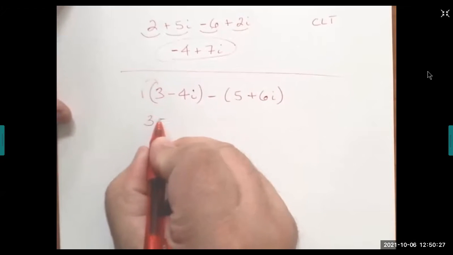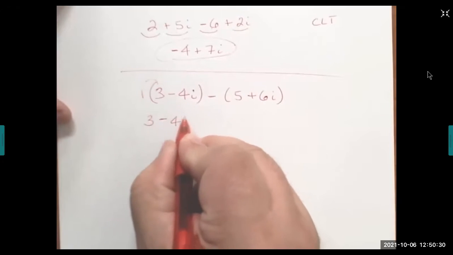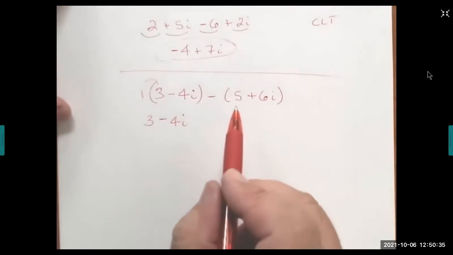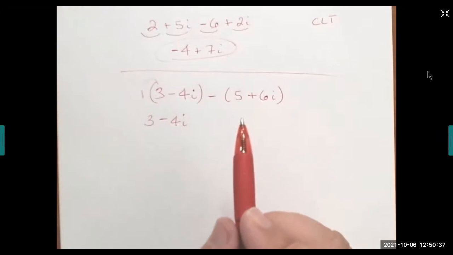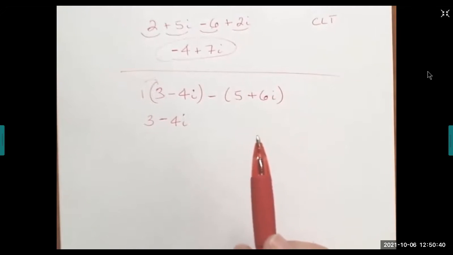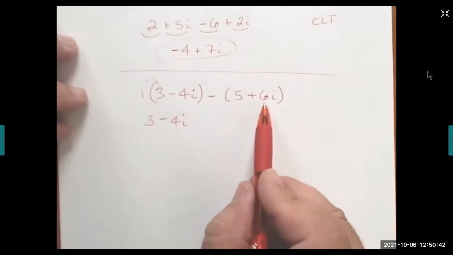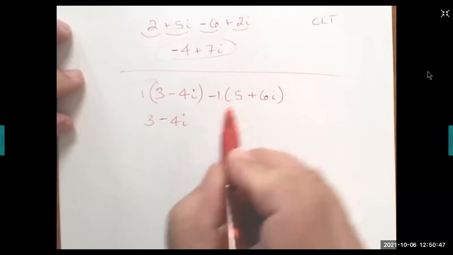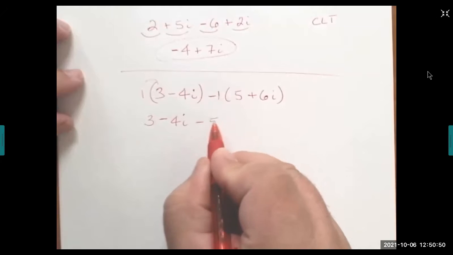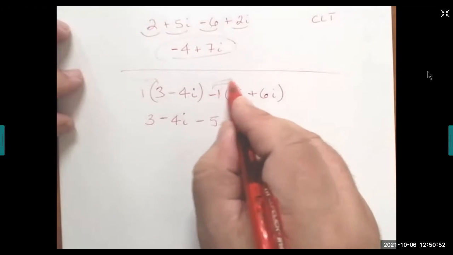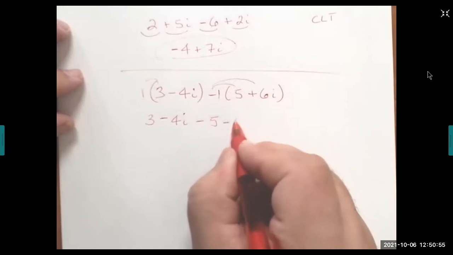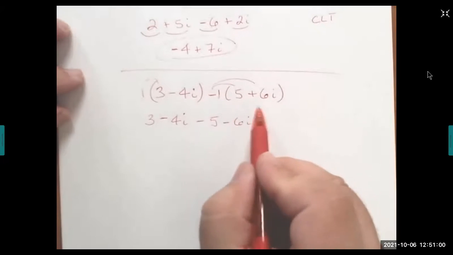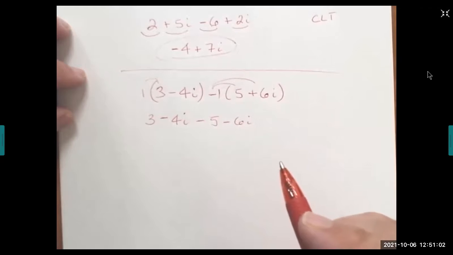Positive times negative is negative. 1 times 4 is 4i. Now, this is where it's a problem. If we just drop the parentheses here, what would happen? It would be negative 5 plus 6i. But if we distribute, negative times positive is negative. 1 times 5 is 5. Negative times positive is negative. 1 times 6 is 6i. So the negative in front changes the sign of everybody inside the parentheses.